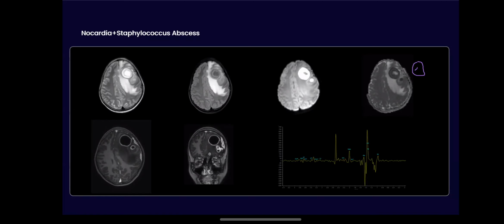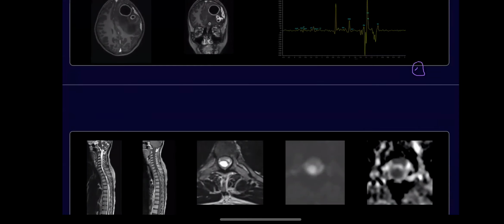So when I look at something that has affected the central nervous system, I have to go back and look at the rest of the organs. So we did go back and look at the chest here, and there were abscesses in the chest as well. If you look at the literature on nocardia, you will see that nocardia is very notorious for affecting the lungs as well.